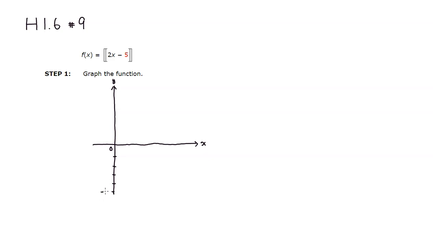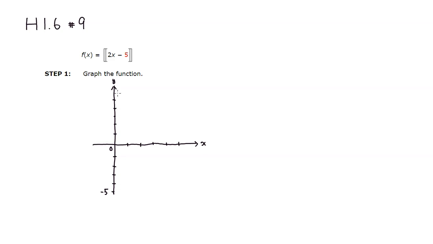This is -5 right there. Then I'm going to put 1, 2, 3, 4, 5 along the x-axis, and go up 1, 2, 3, 4, 5.